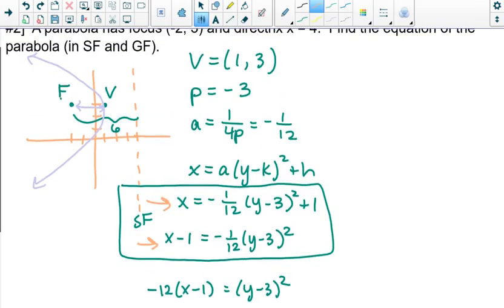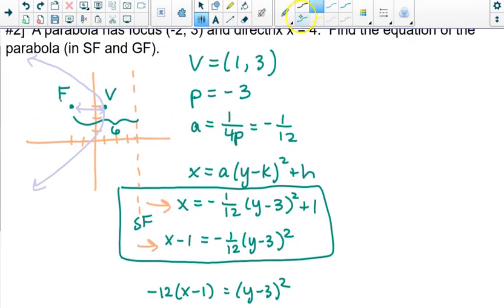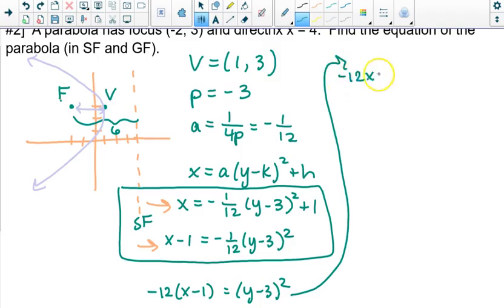Okay, now let's find the general form. Let me take what I just wrote, since I already kind of started getting rid of the fractions. Distribute the -12, and we have -12x plus 12 equals, and then we're going to FOIL on the other side, y squared minus 6y plus 9.